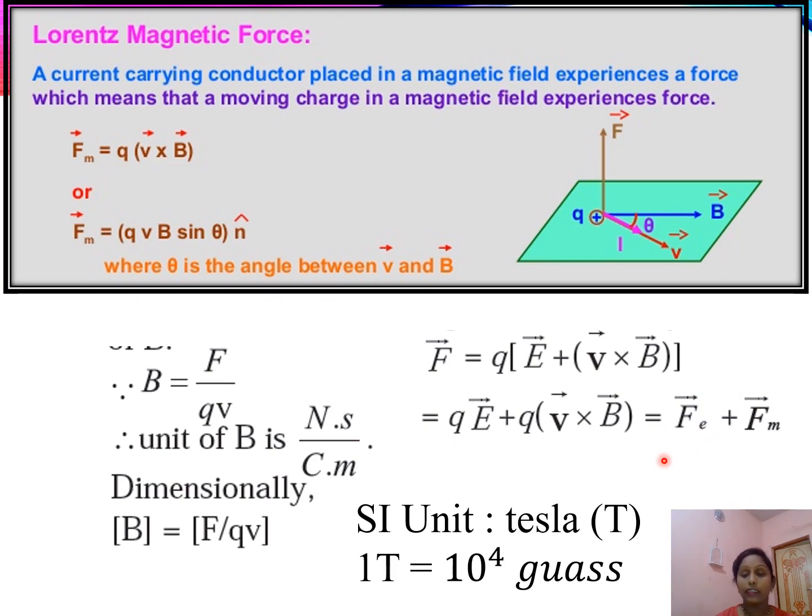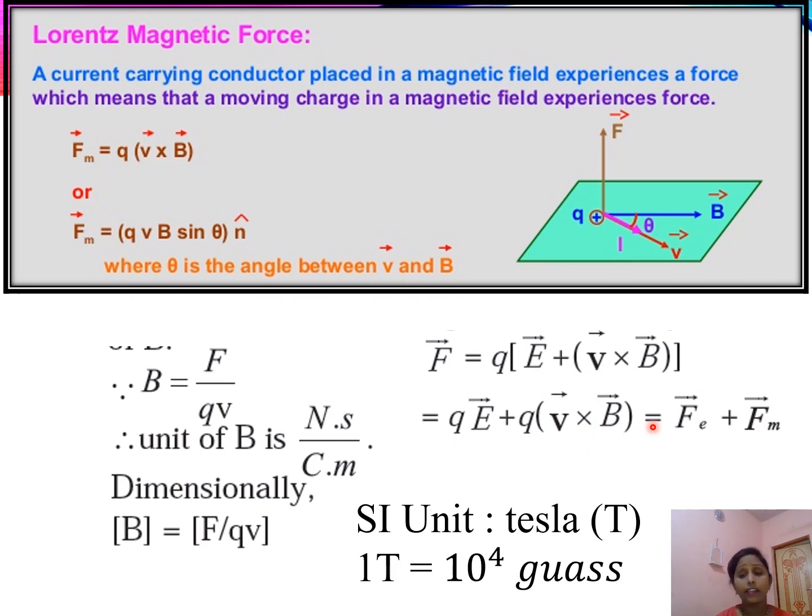F_e depends on charge as well as the strength of the electric field. F_m depends upon charge, velocity of the charge as well as the cross product between v and the magnetic field B. This equation is called the Lorentz force.